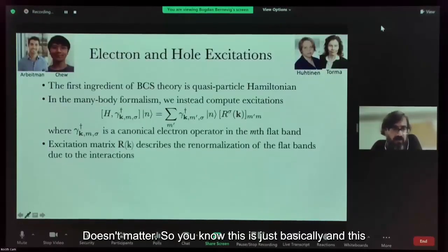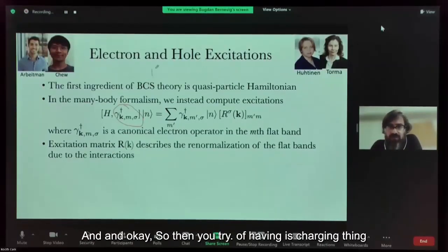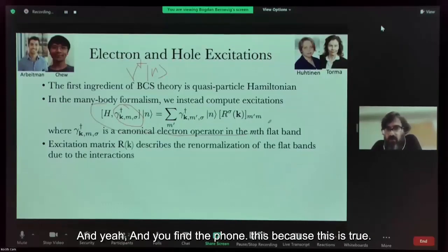Okay, so then you try the ansatz of having as a charge excitation on top of this ground state n, this gamma dagger of the flat band coming in. And you ask what is its energy, and you find the following equation, and this is true only because the n ground state is the ground state of the Hamiltonian.